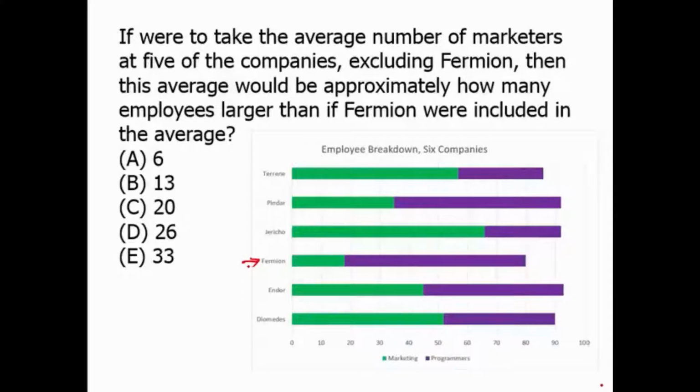And so the other companies, let's see, we have, appears to be about 57, 35. This one appears to be about 66. This one appears to be about 45. And this one appears to be about 52. Okay, so we know 45 plus 35, that's 80.